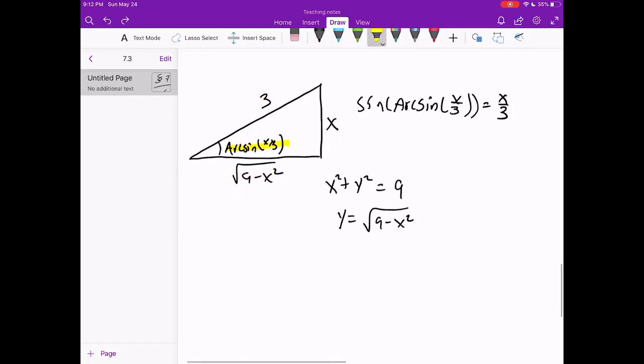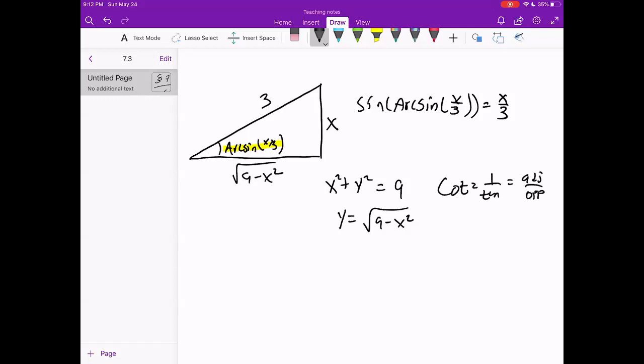So what I'm going to do now is take the cotangent of the arc sine of x over 3. So cotangent is 1 over tangent. So tangent is opposite over adjacent, so cotangent is going to be adjacent over opposite.